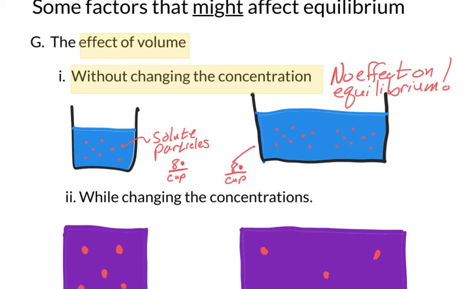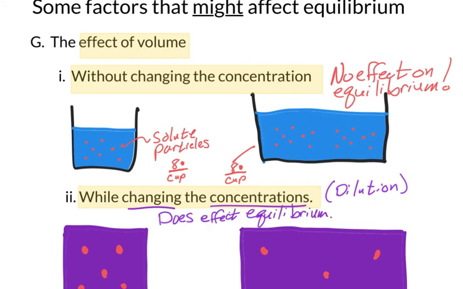On the other hand, if we change the concentration while we're changing the volume by either adding more of the solvent, like water or air or whatever it is, or by removing some of the solvent, so we're changing the concentration, which also changes the volume, then we can see that there will be an effect on equilibrium.